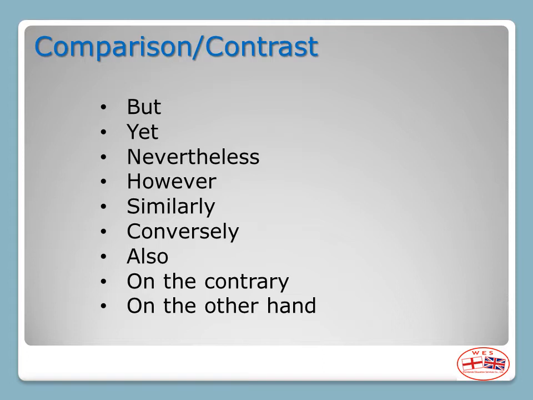On the other hand, there are some very, very rich Farang. There are also some very, very rich Thais. Okay. So, on the contrary, on the other hand, however, but, yet, similarly, also.